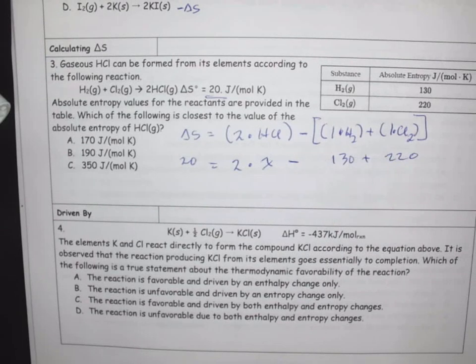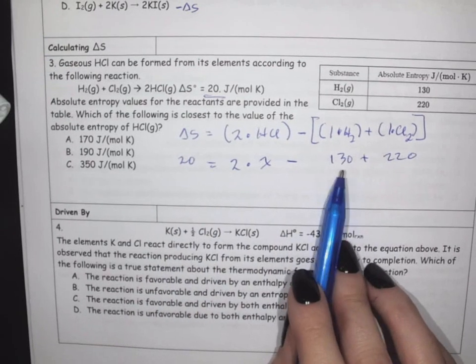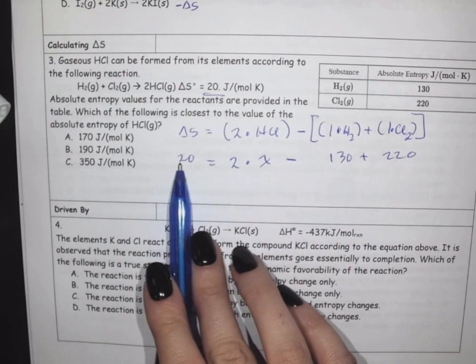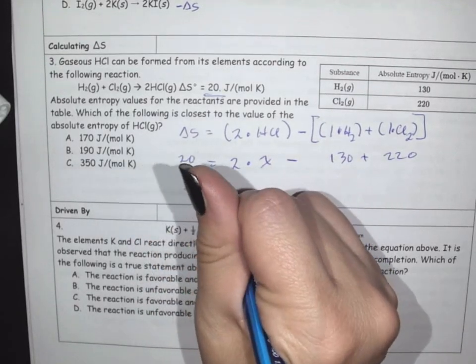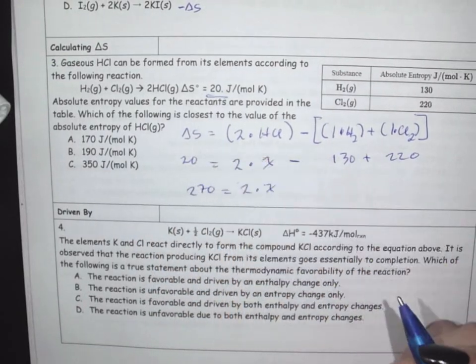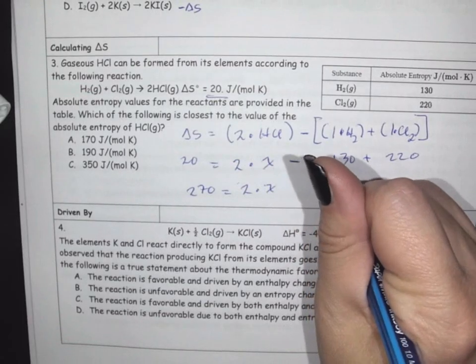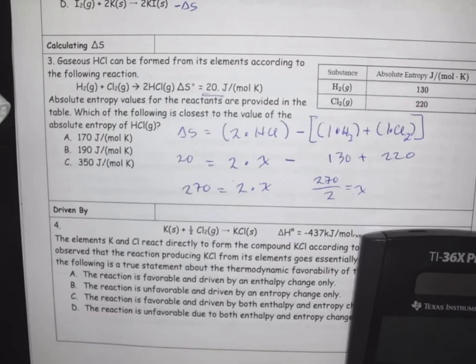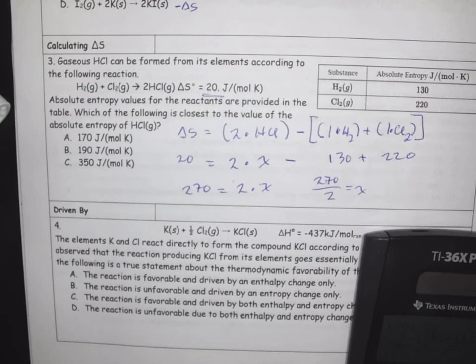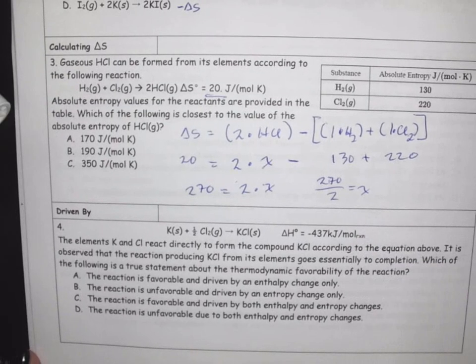So let's add it to the other side. So 350 plus 20, 270 is equal to 2 times x. So 270 divided by 2 would equal what we're trying to solve here. 135, that's not one of our answers.